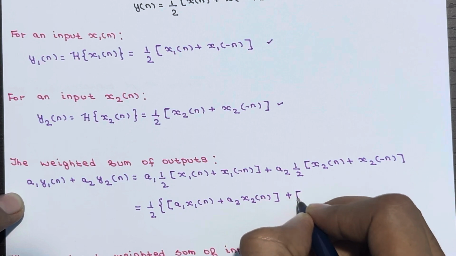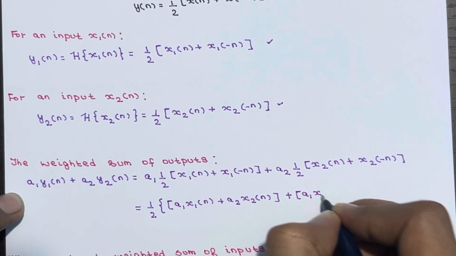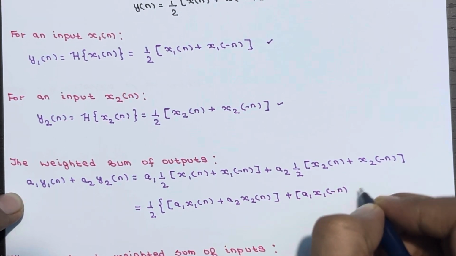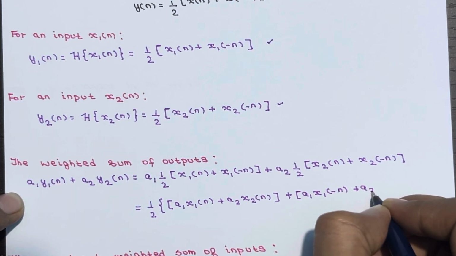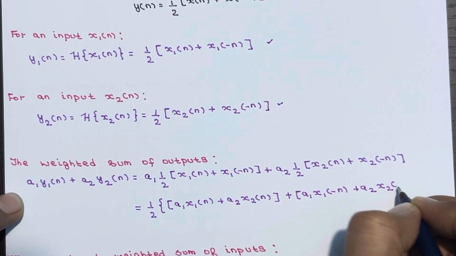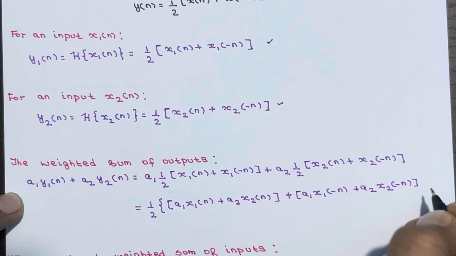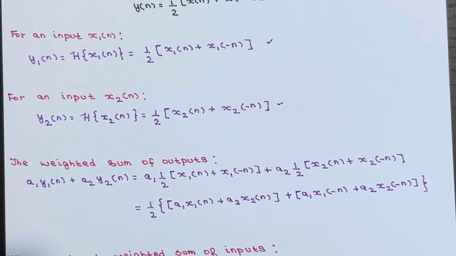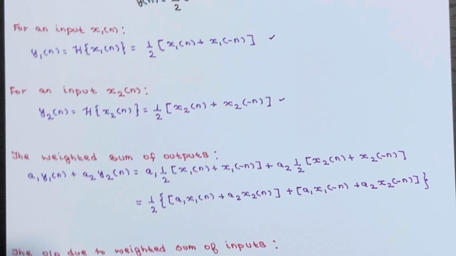So it becomes a1 into x1 of minus n plus a2 into x2 of minus n. So this you have calculated, the weighted sum of outputs. Hope this much is clear to you.